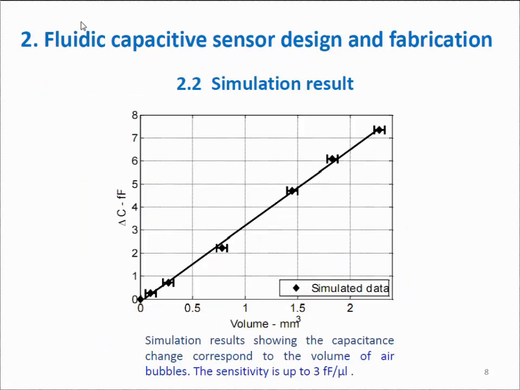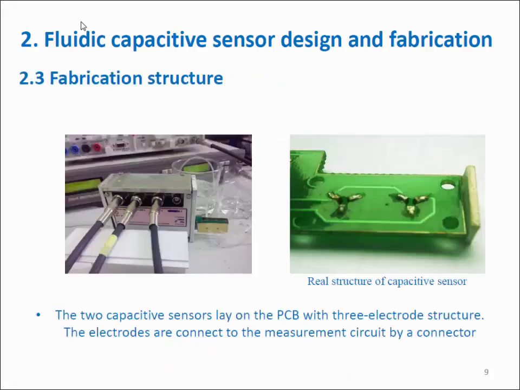This is the relationship between volume of air bubble and the capacitance change. So the sensitivity of this structure is up to 3 femtofarad per microliter.